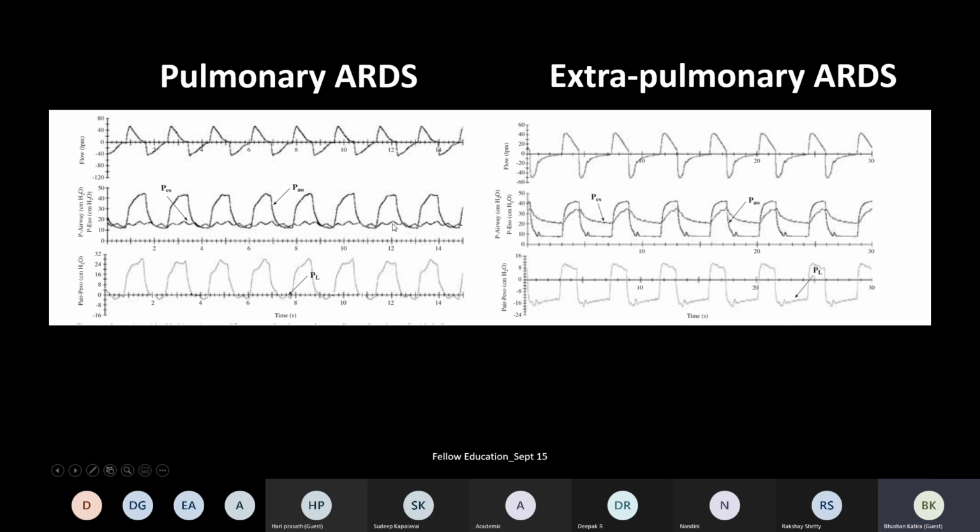But if the esophageal pressure swings are not that high, then a large part of the poor elastance that we measure on the ventilator is because of the poor lung elastance.